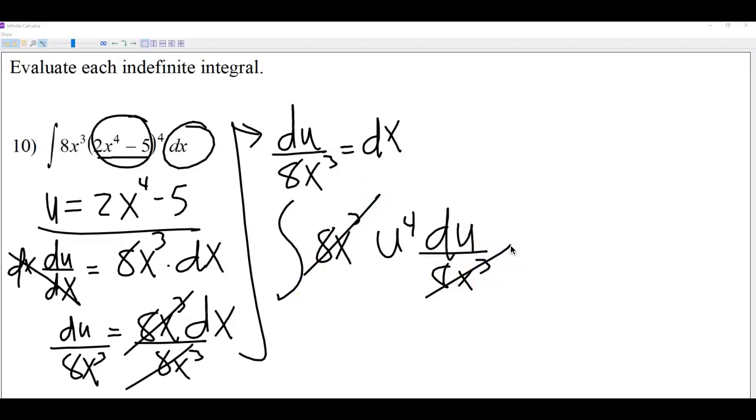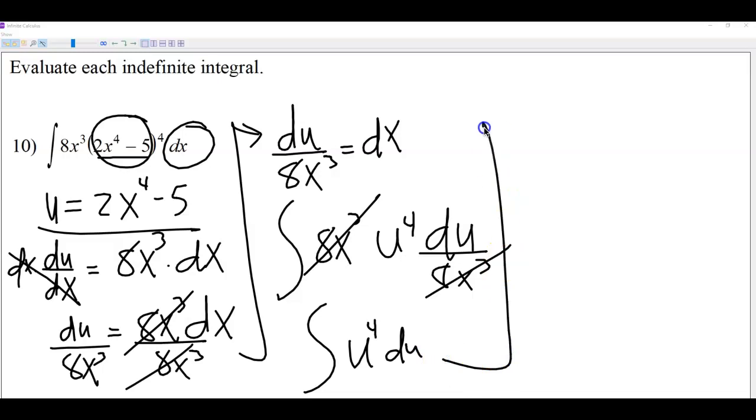You might have some numbers left over. Numbers are okay, but you shouldn't have x's at this point. And so I'm left with u to the fourth du. Now we're ready to go ahead and integrate like normal. So we're going to add 1 to the power and divide by that value. And we don't want to forget our plus c.